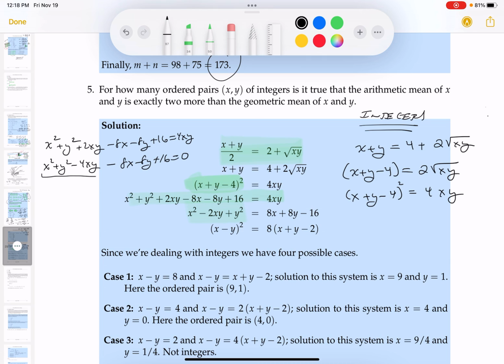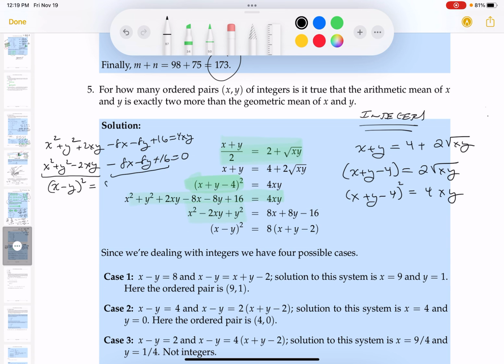What do I notice immediately over here? I'm sorry, I said I subtracted 4xy. It's minus 2xy. I made a mistake there. All right, this is a perfect square. It's going to be x minus y squared, and then I'm looking at the other side, and I can put it on the right side.